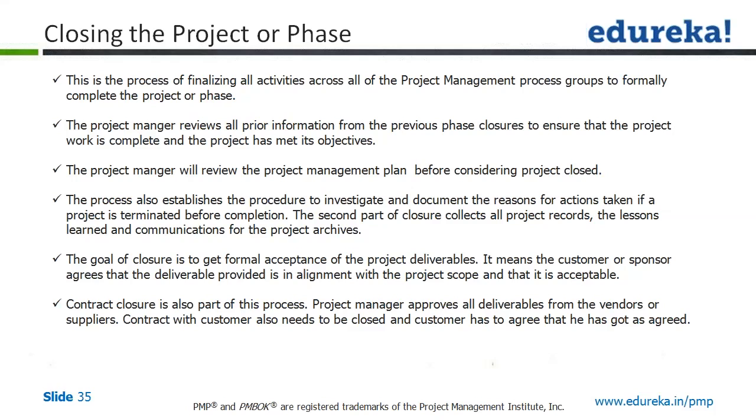This is also a process wherein we review all the prior information so that before we end the phase, we are very clear that the work is fully complete, and the main objectives we set up at the beginning of the project are achieved.